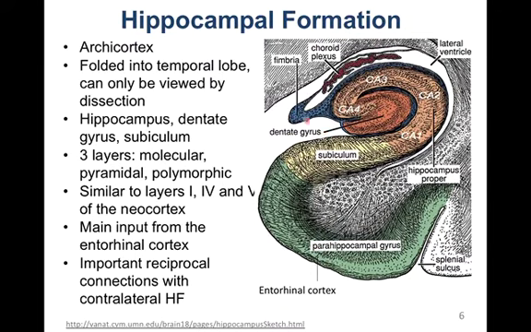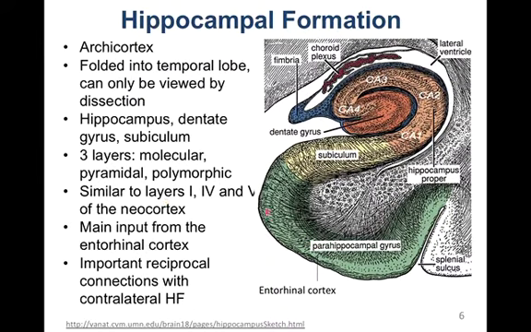Dentate gyrus is up here, and the entorhinal cortex. And so the subiculum is an important structure because it connects the hippocampus proper to the entorhinal cortex. And remember, the entorhinal cortex is important for connections between the hippocampus and higher structures.